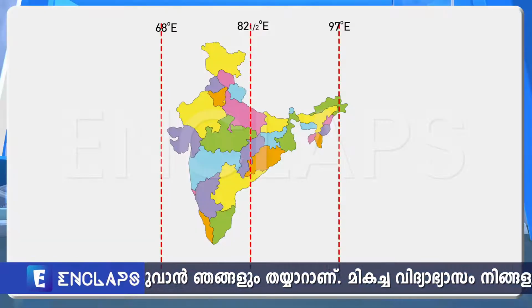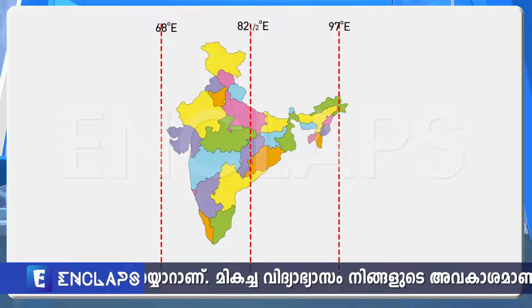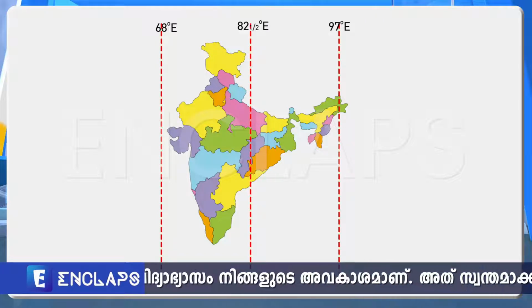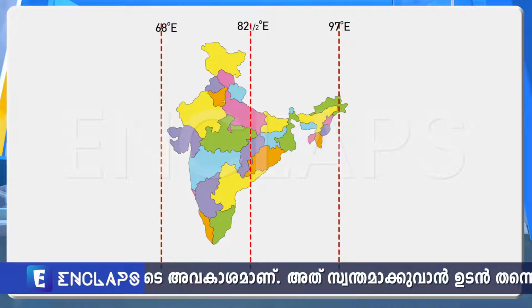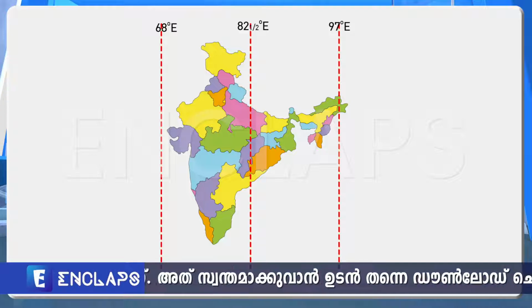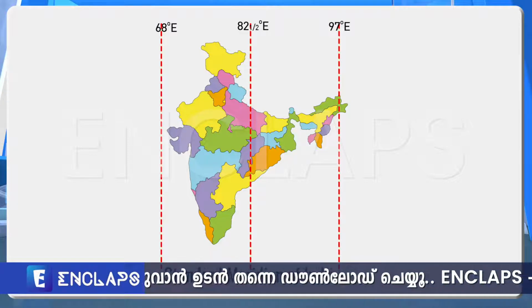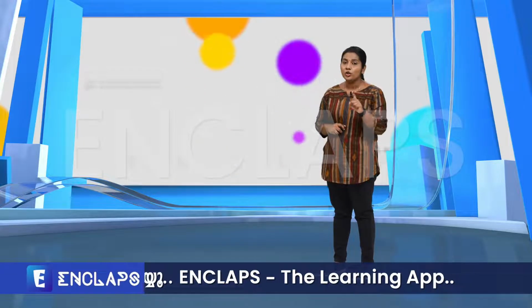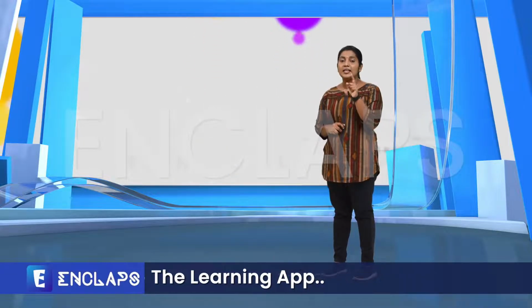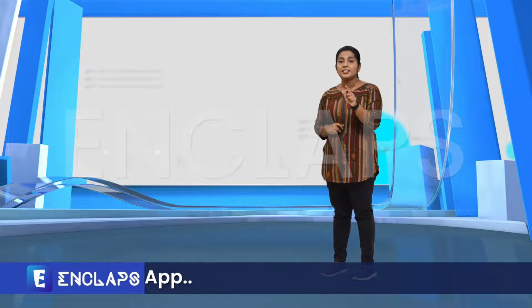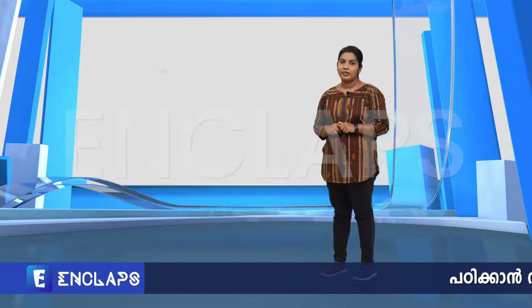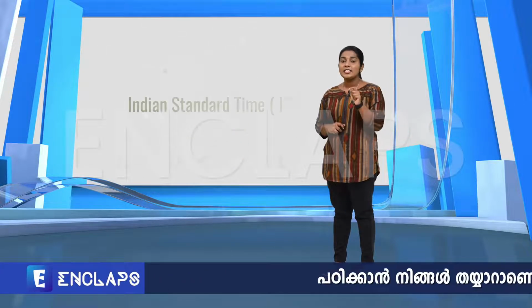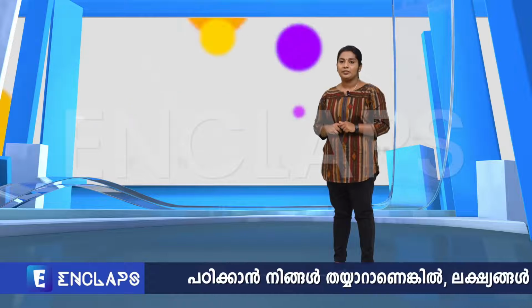As it is not a large time difference, the 82.5 degree east longitude, which passes almost through the middle of the country, has been fixed as the standard meridian of India. The local time along this longitude is considered as the standard time of India. This is known as Indian Standard Time.